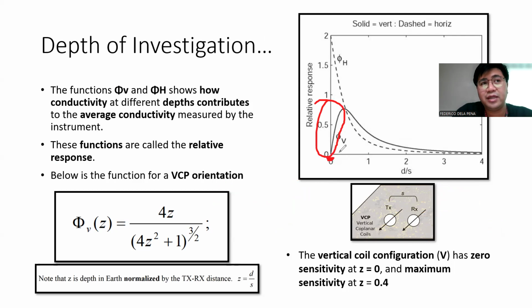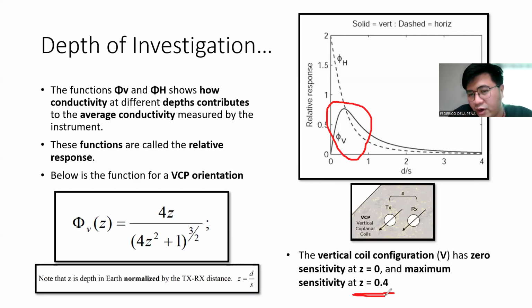You get zero response from the shallow layers. The layers that are strongly detected by the VCP are at z equals 0.4, where z is the ratio between the depth and the spacing of your coils.